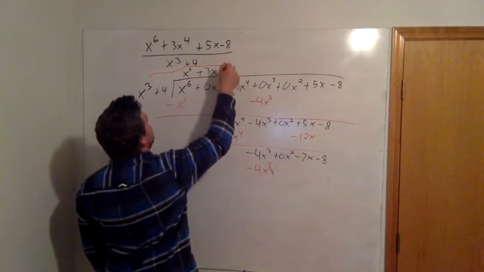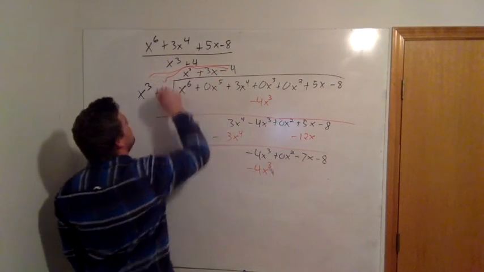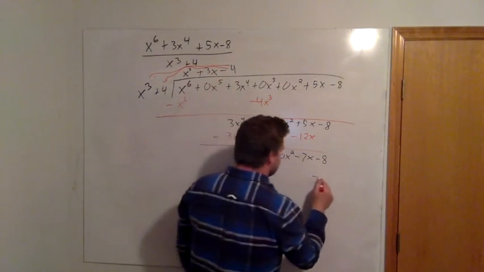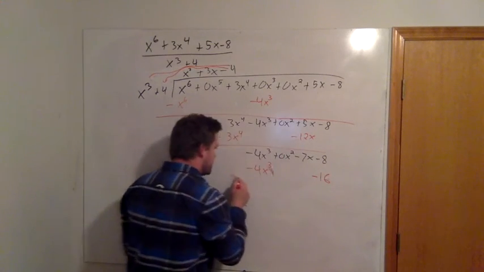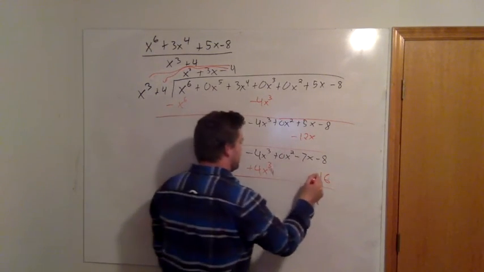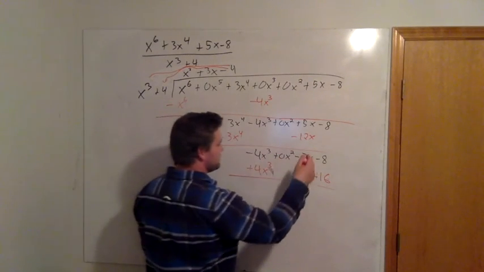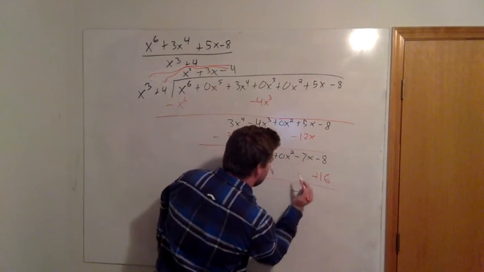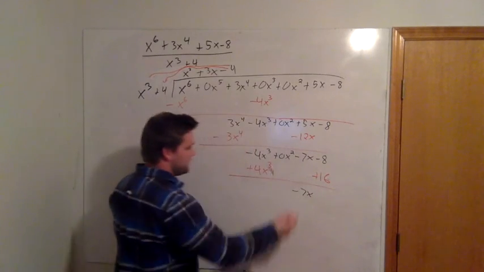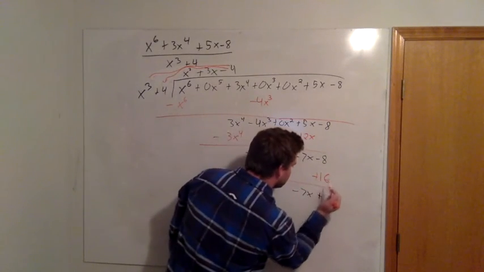And I'll do a negative 4 times the 4, so I'll get a negative 16. So I'll put the negative 16 here. I'm going to subtract, so I'm going to flip the signs. So I'll be left with 0x cubed, 0x squared. I'll be left with negative 7x. And then I'm going to get plus 8.